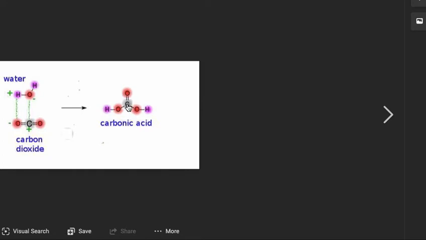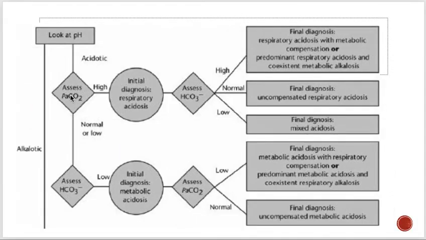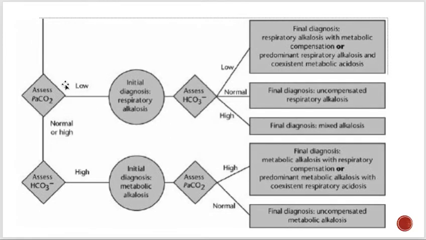So if the pH is acidic and the carbon dioxide is high, the problem is respiratory acidosis. But if the pH is alkaline and the carbon dioxide, you can see, is low, the problem is respiratory alkalosis, right?